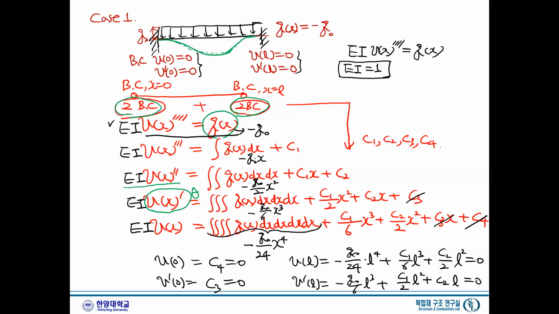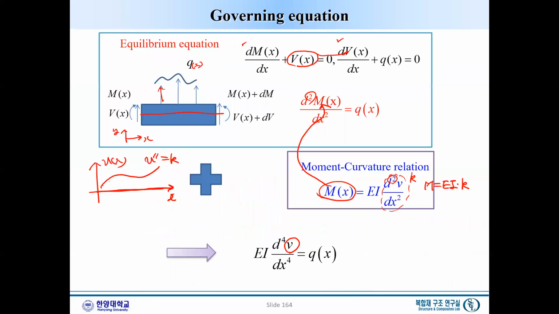EI V second derivative, what does it mean? And there is another one, EI V third derivative. What is this? Well, if we go back, we have EI second derivative of V is simply moment.